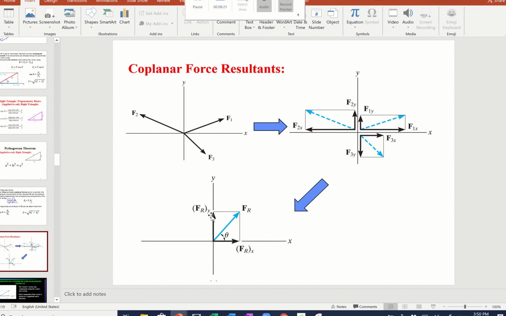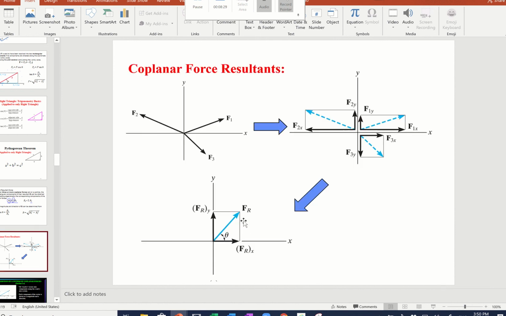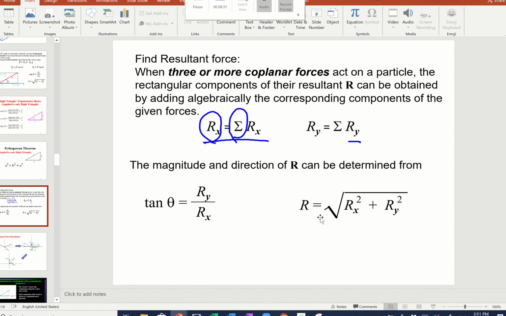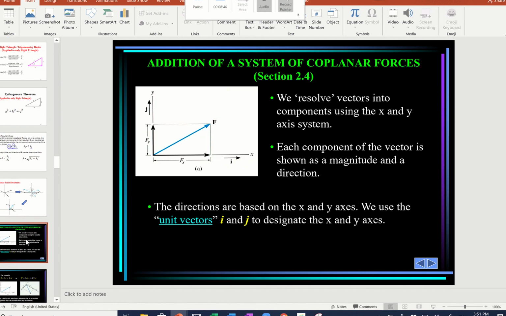And when you have those two numbers, we use the two equations you just learned to find the resultant. The Pythagorean theorem gives you the magnitude, and the inverse tangent of Ry over Rx gives you the direction, the angle. So that's for this.